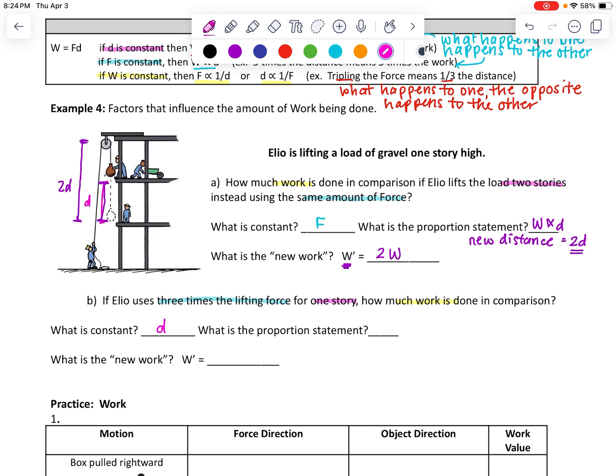If D is constant, then it's that pink one that we outlined up there, and we would say that the proportion statement is work is proportional to force. And what happened? Well, the new force is 3 times the lifting force. It's 3F. That means the new work should be 3W. Remember, what happens to one happens to the other.